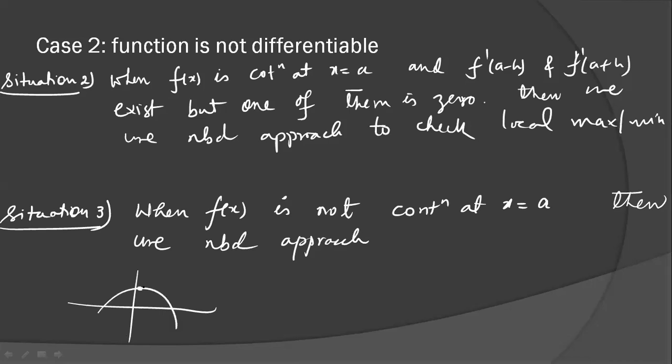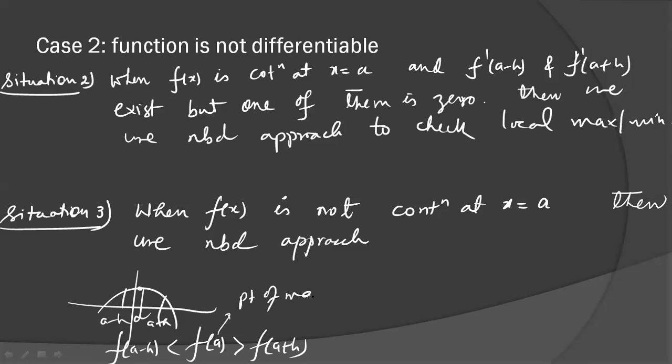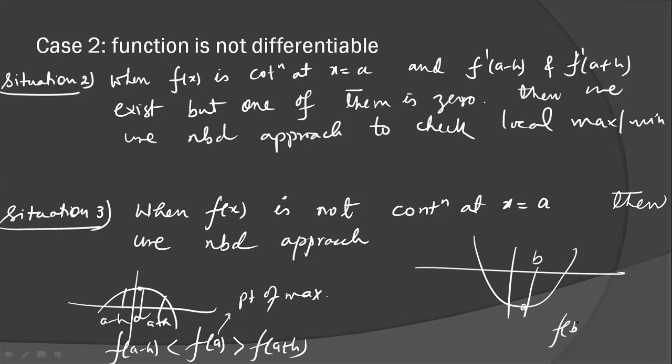At x equal to a, if the value at x equal to a is greater than the value of the function at a plus h and the value of the function at a minus h, then a is a point of maxima. And similarly for the local minima case, if the value at b is less than the value of the function at b plus h and at b minus h, then b is a point of minima.